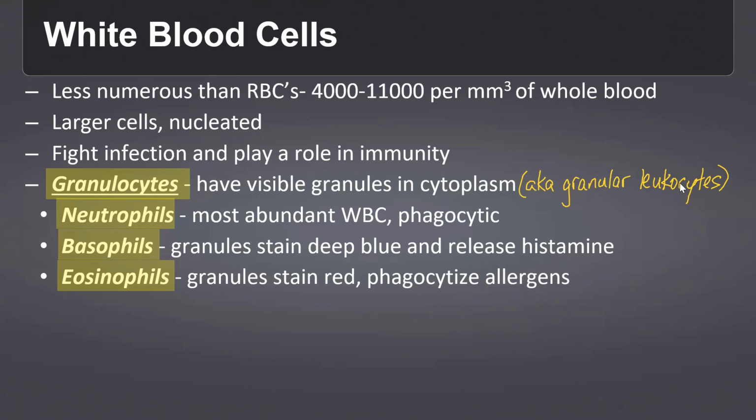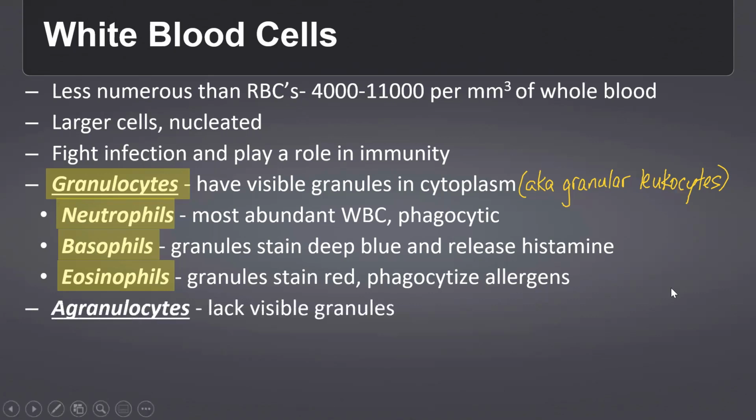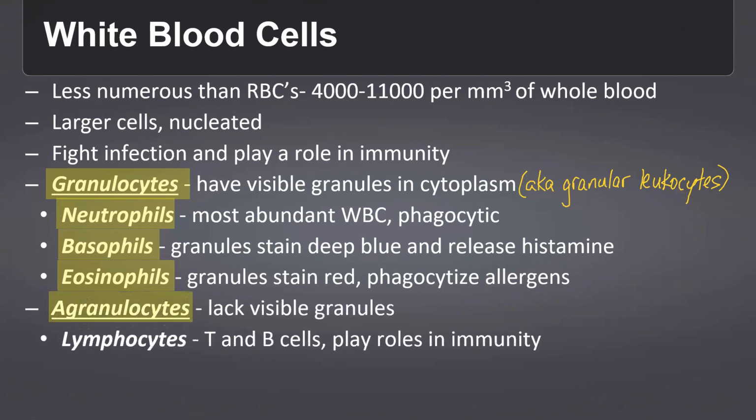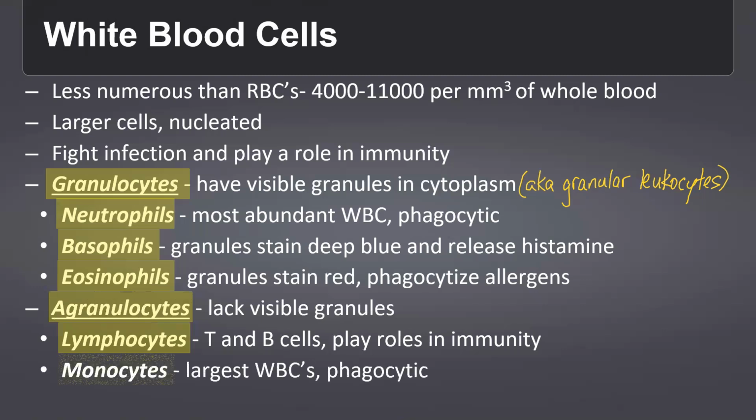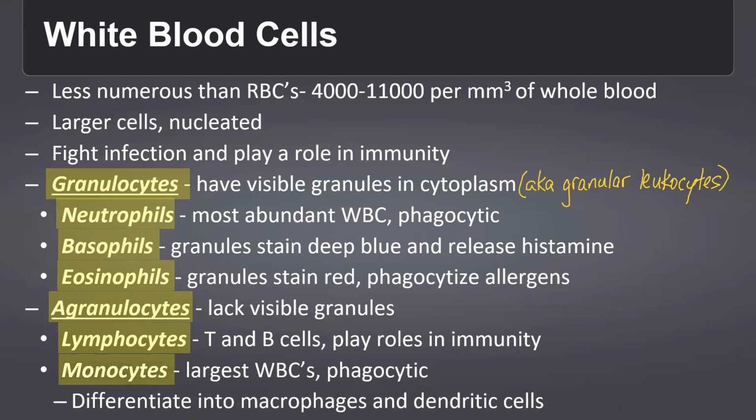And then there are agranulocytes, also known as agranular leukocytes. Remember, these are the ones that don't have those speckles or dots in them, meaning they don't have granules or grains. The two examples of agranulocytes are lymphocytes and monocytes.